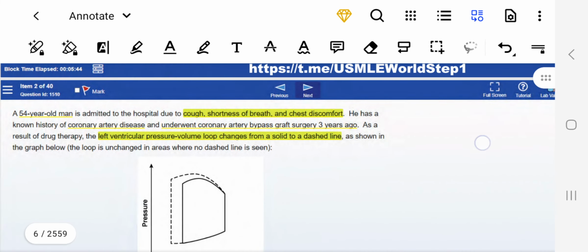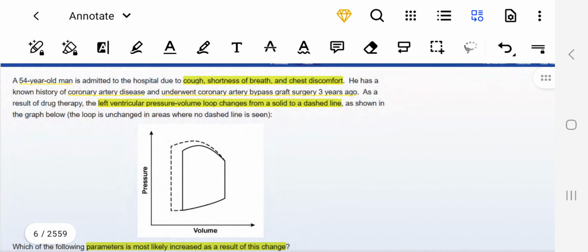Okay. In the next question, please read this question and then pause it and give the answer. A 54-year-old man is admitted to the hospital due to cough, shortness of breath, and chest discomfort. He has a known history of coronary artery disease and underwent coronary artery bypass graft surgery 3 years ago.